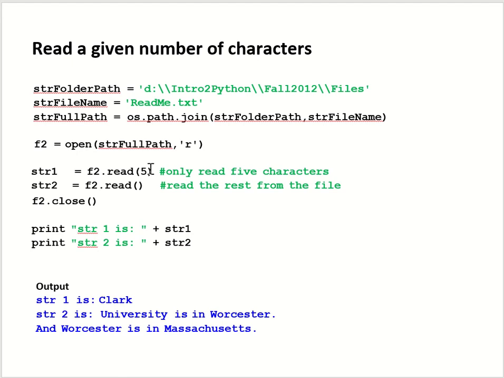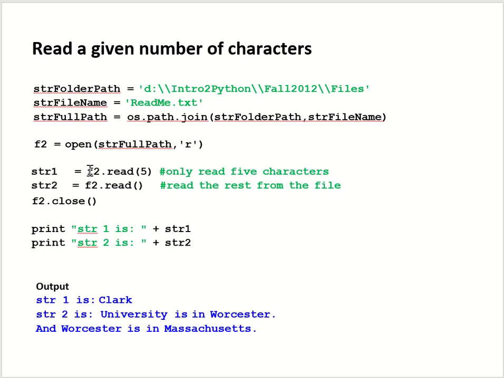Now we can pass an argument, an integer, to the read method. And what that does is it limits the number of characters that are read. So we can have, again, a directory location, a folder, a file, join those two together to get a full path, open that file as a file object in read mode called f2.